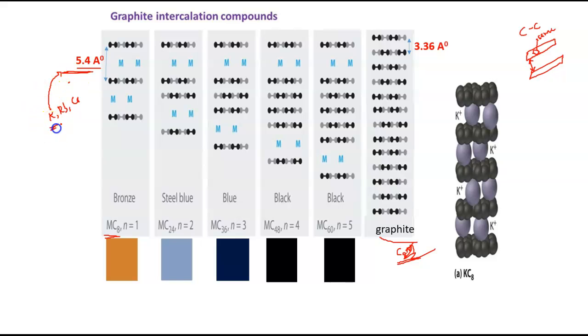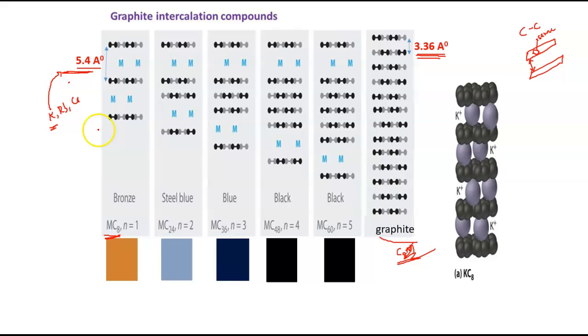The interplanar distance will increase from 3.36 Angstrom to 5.4 Angstrom, which is rather high. But you will not see any increase in the carbon-carbon distance within a plane. Within a plane, the carbon-carbon distance remains constant, but the interplanar distance will increase as you move from graphite to the first stage intercalation compound, C8M, when you have potassium incorporated.